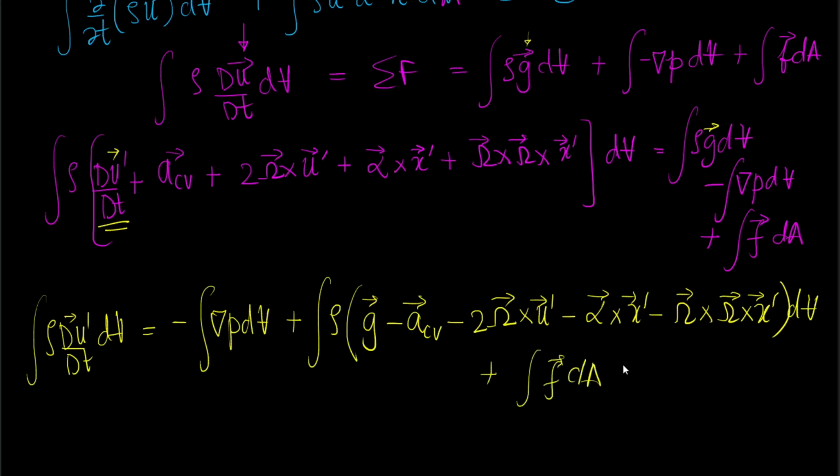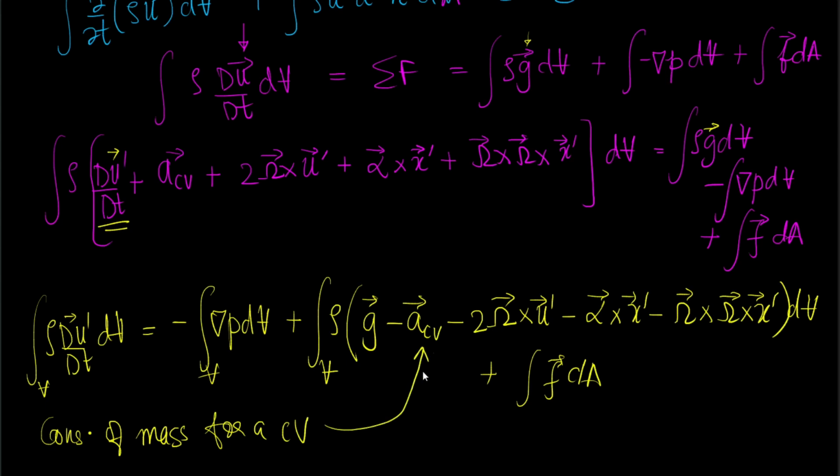So all these integrals are over either control volumes or the surface of the control volume. And this is a statement of the conservation of momentum for a control volume which moves with an acceleration given as this and which rotates with a velocity given as this.